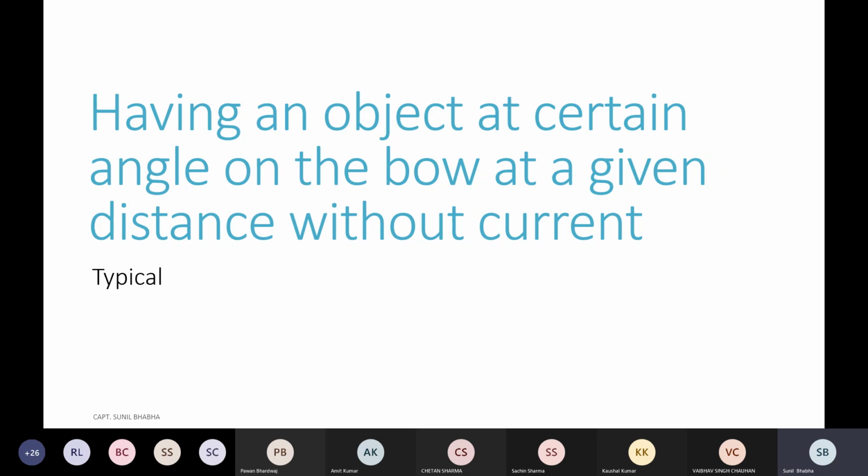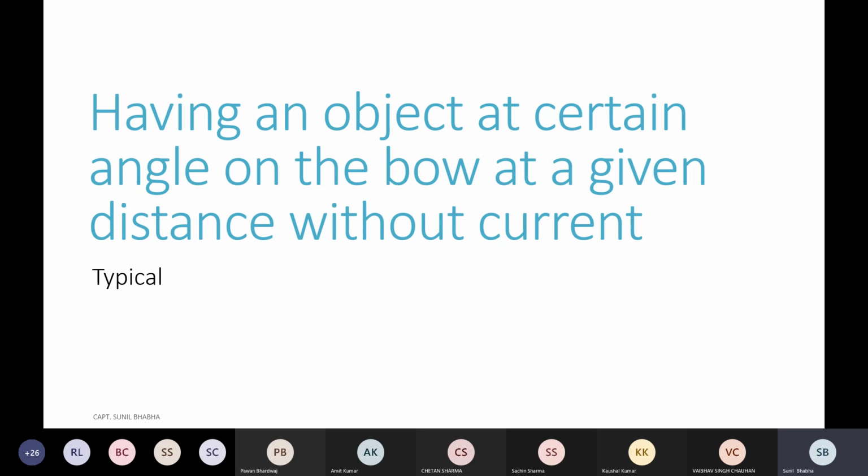In this question, they give us an object, a lighthouse or a certain object, which should be at a certain angle on our bow. The initial position of the ship is given. They want us to steer a particular course. The course is not known, that is what we have to calculate.